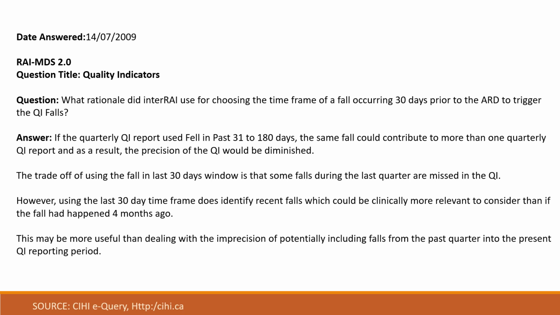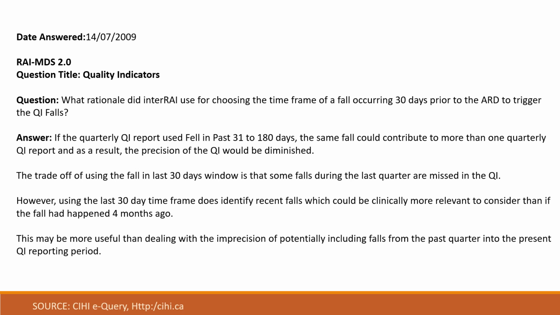Another question from CIHI, and this person wanted to know what was the rationale to using the 30 days prior to the ARD. So if you fell within that 30 days, including the ARD, of course, and the 29 days prior to the assessment reference date.